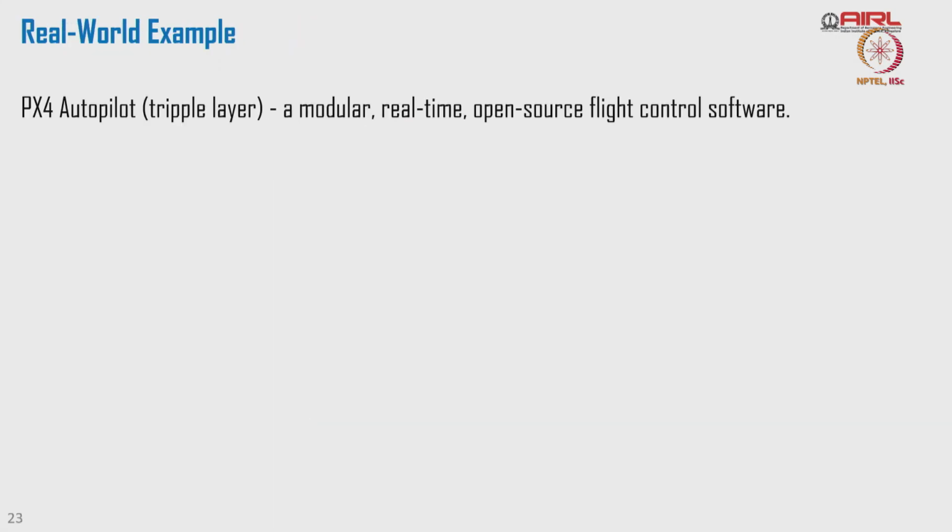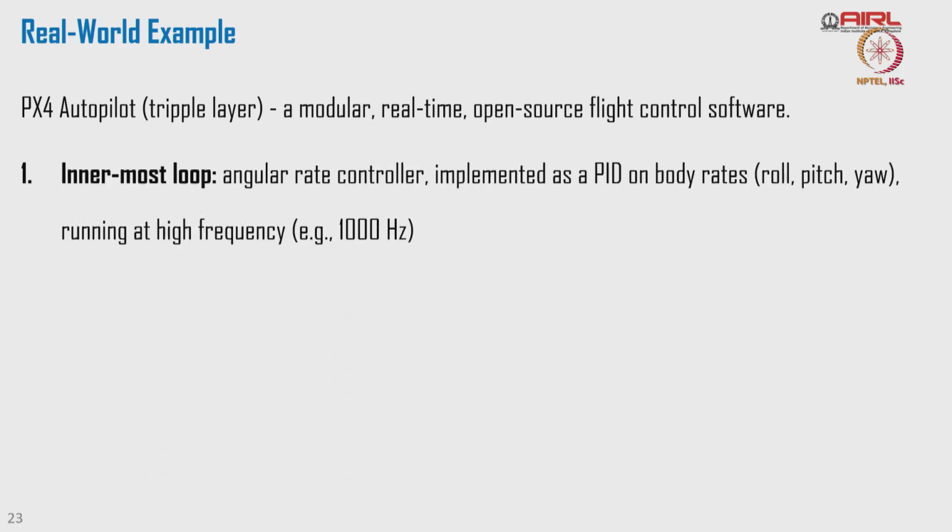For a real world example, we will give the example of PX4 autopilot, which is a kind of open source flight control software that works in a modular and real time fashion. The innermost loop takes care of the angular rate, implemented as a PID on body rates.